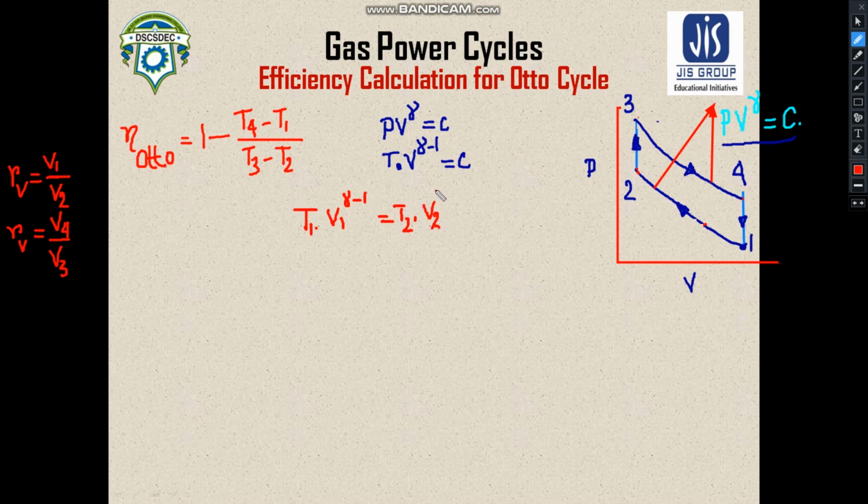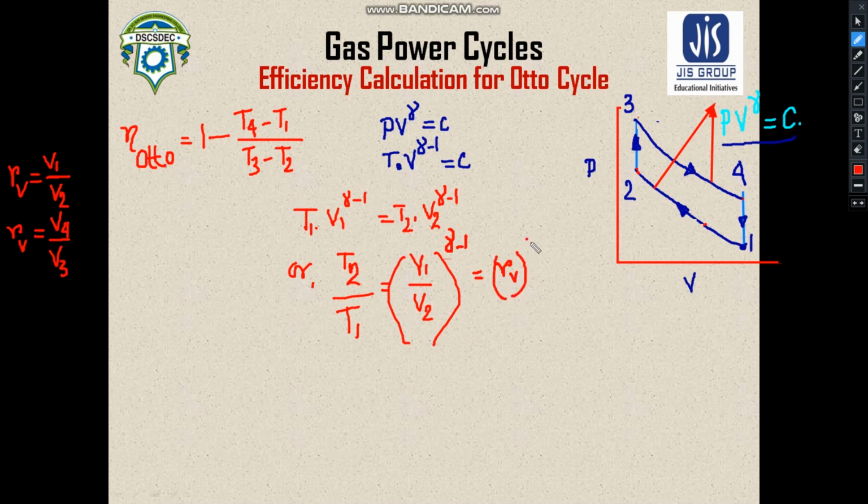You can simply rearrange this equation and write T2 by T1 is equal to V1 by V2 to the power gamma minus 1. I am trying to express this formula in terms of RV, which is equal to RV to the power gamma minus 1.